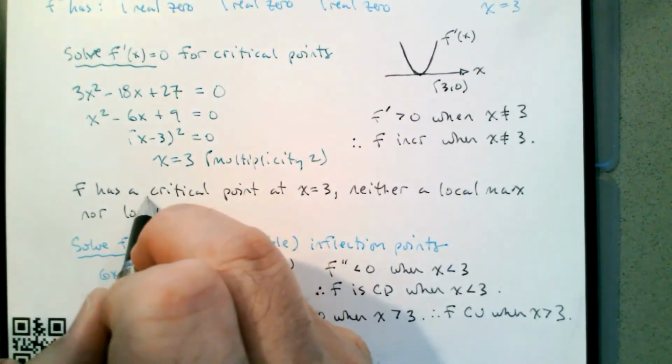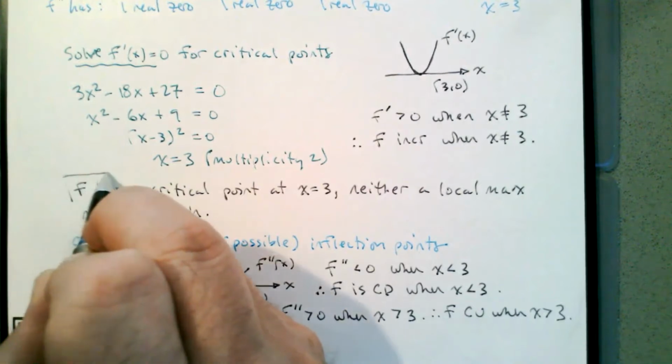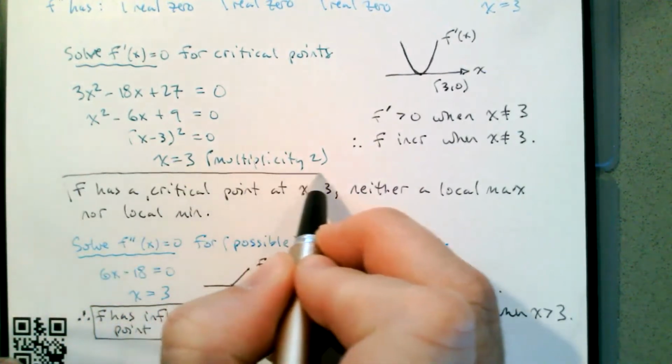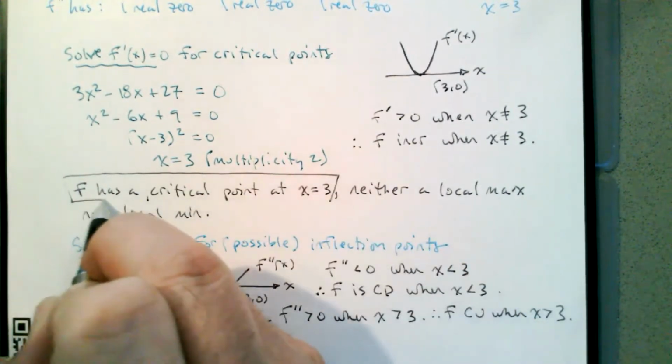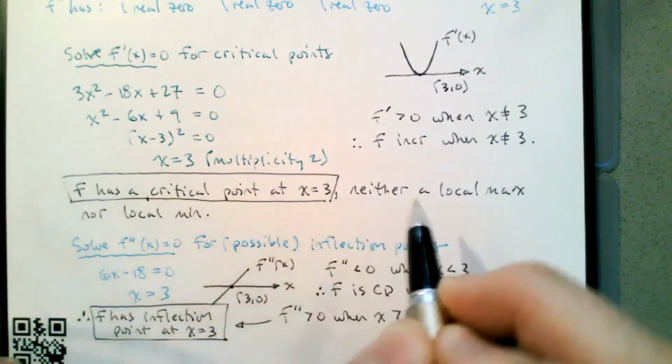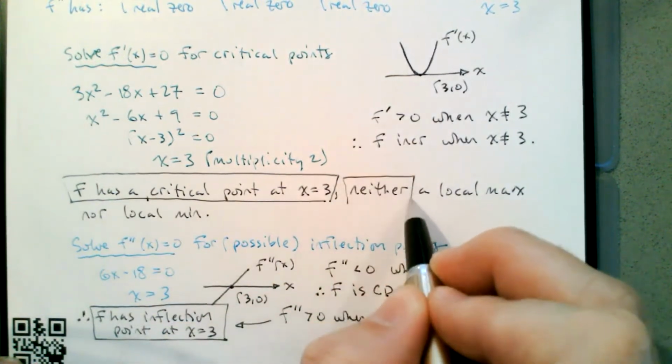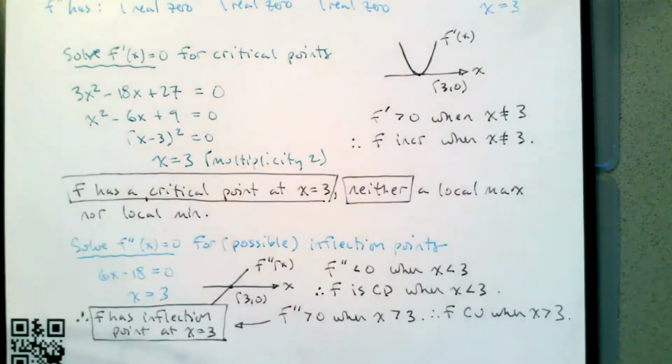So we have a critical point, and it is neither a local maximum nor a local minimum.